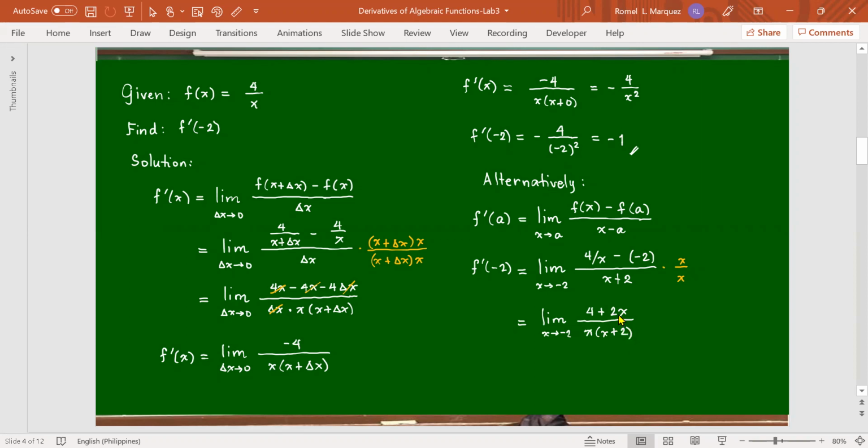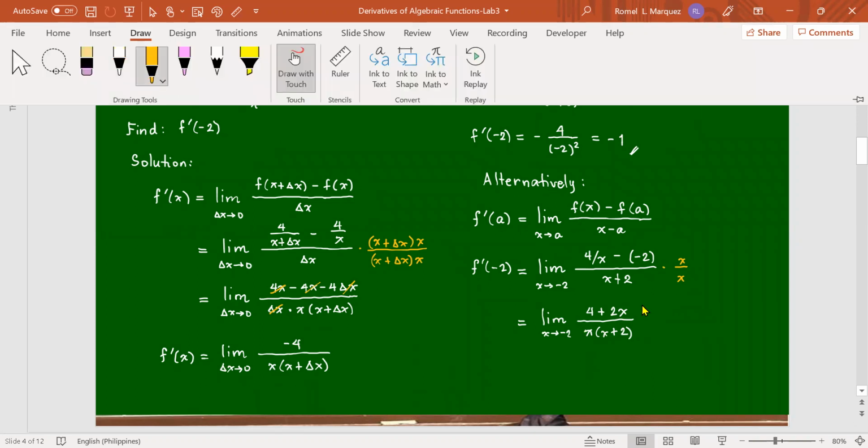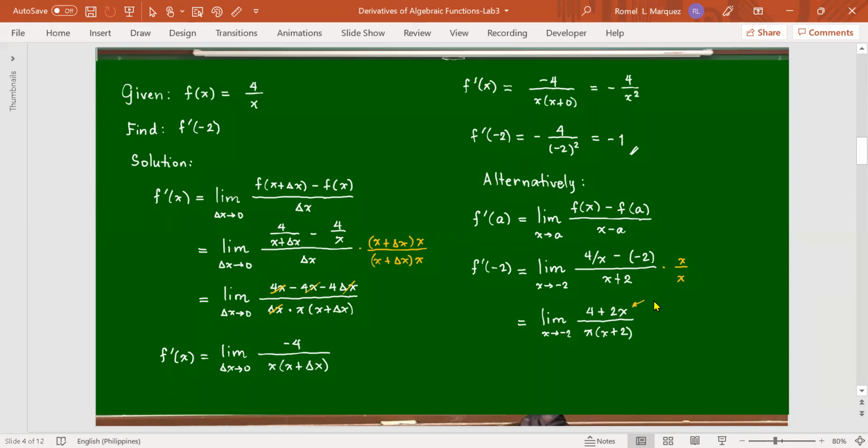I think we can cancel x plus 2 here, because this part is x plus 2 times 2. So I can express this as the limit as x approaches negative 2 of simply 2 over x.